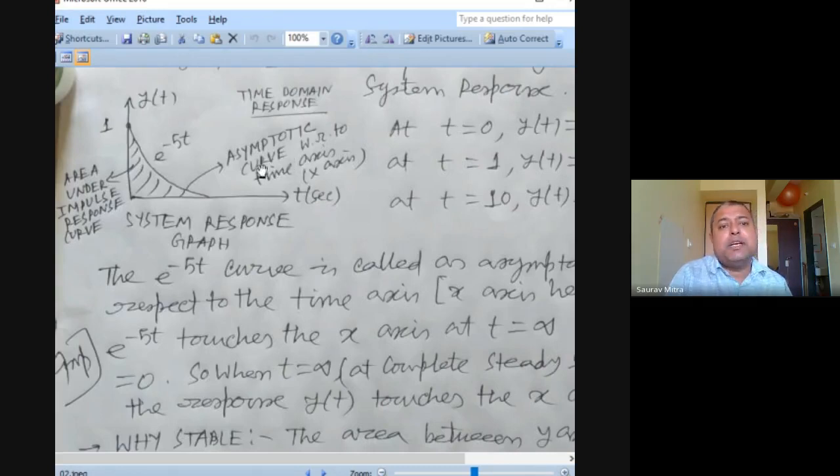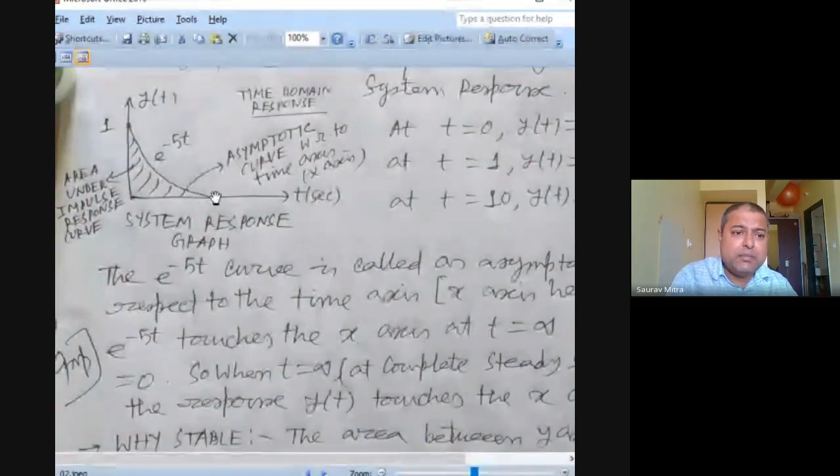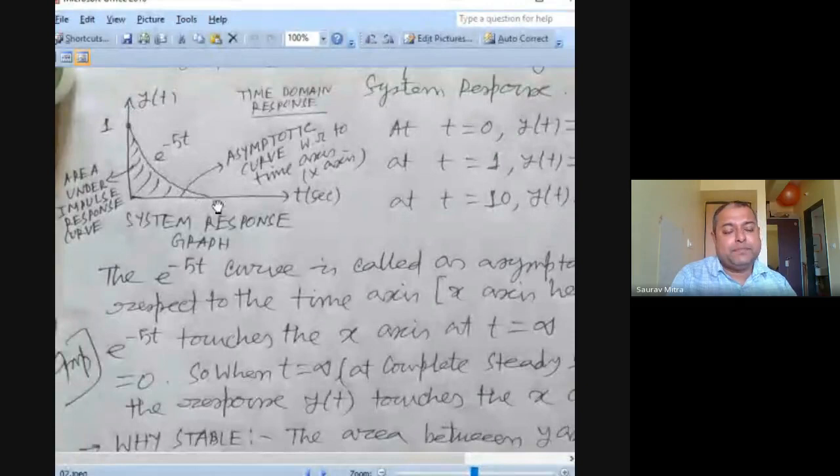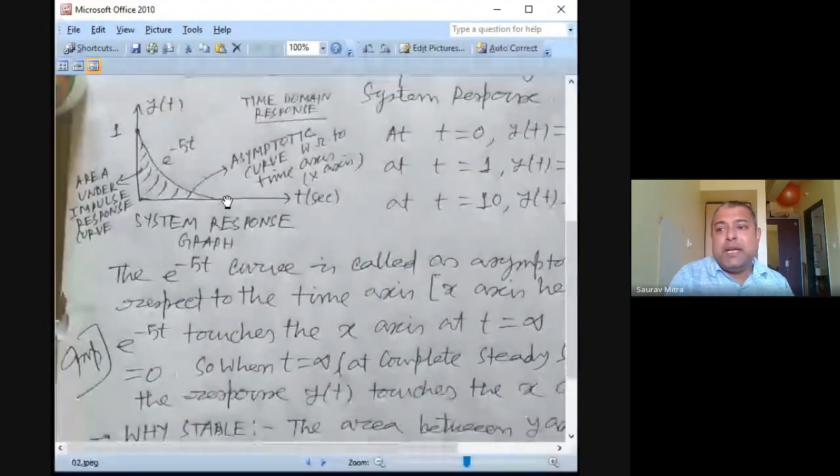If this is an asymptotic curve, then what? I told you that s is equal to minus 5, that means this is e raised to minus 5t. In that case, this asymptotic curve, the y-axis and the x-axis are producing a closed area. Now we have started explaining the concept of stability. If e raised to minus 5t is the response of a system, this system is a stable system.